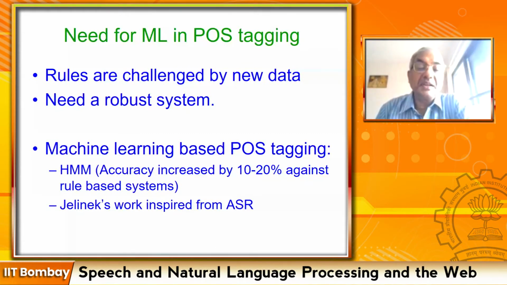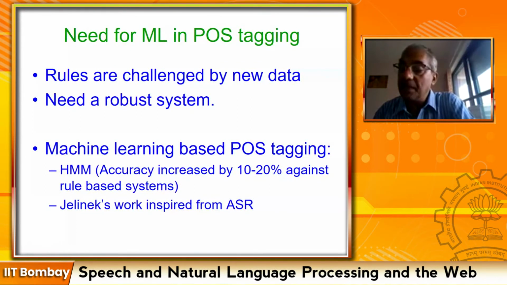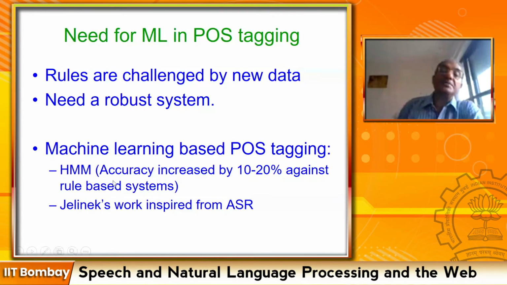So machine learning is applied to speech recognition quite extensively, even including deep learning today. And some of those examples we'll see. And you have another course on automatic speech recognition. So Jelinek, who used to work in AT&T Bell Labs, gave this technique for part of speech tagging using the hidden Markov model, inspired by automatic speech recognition.